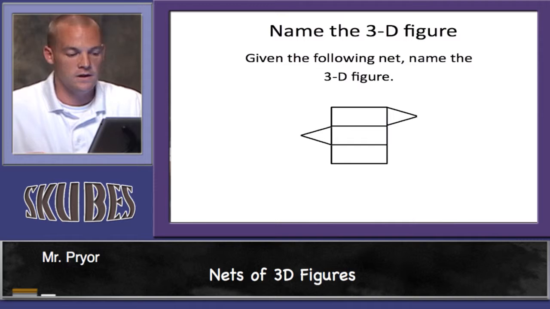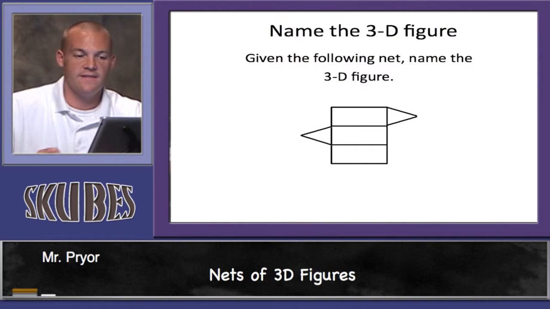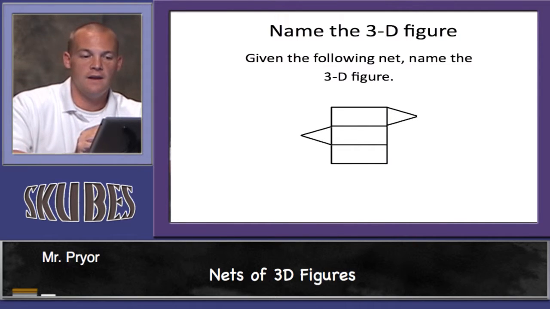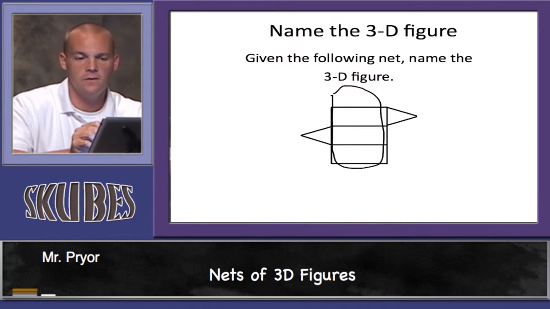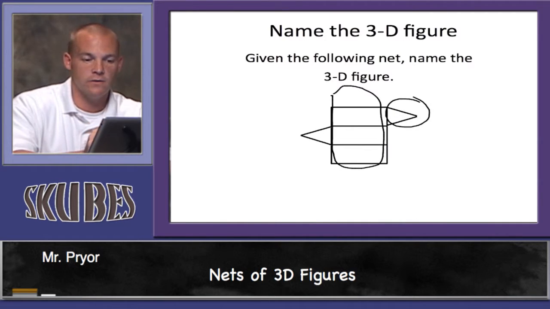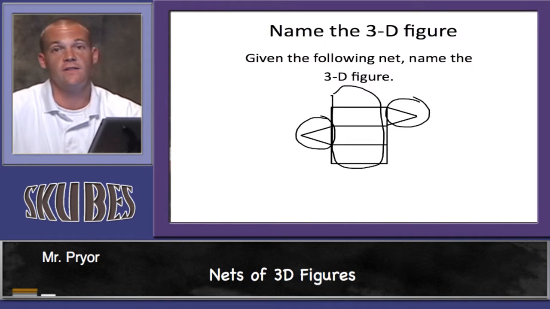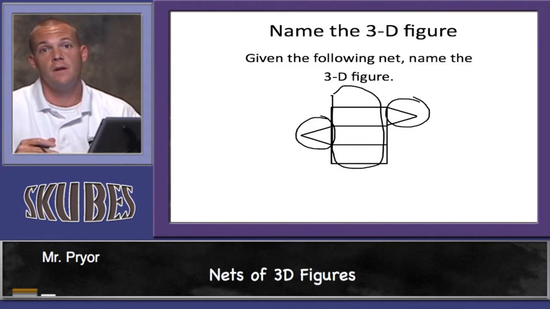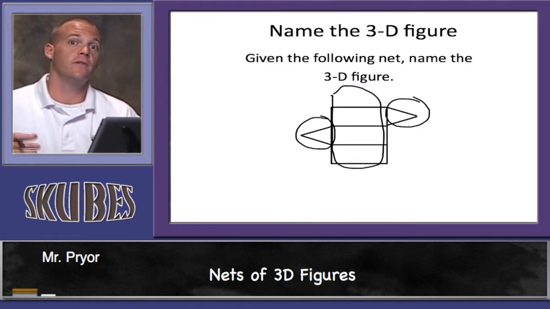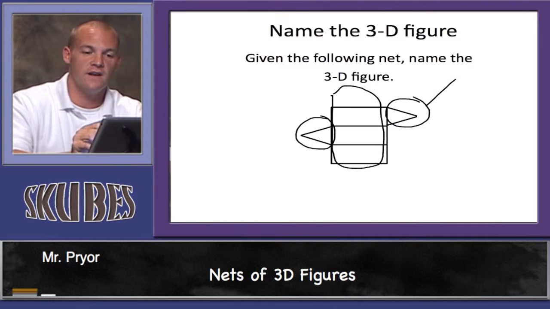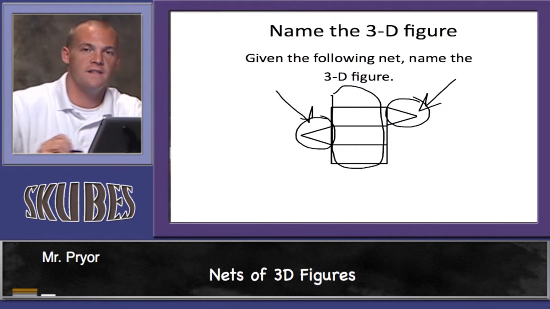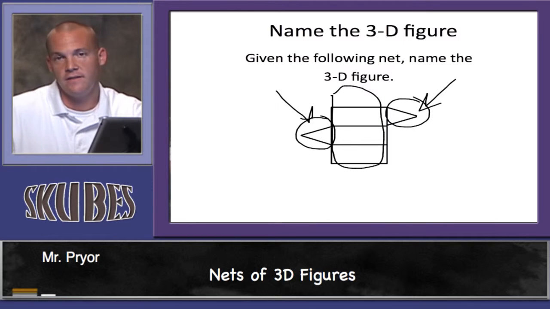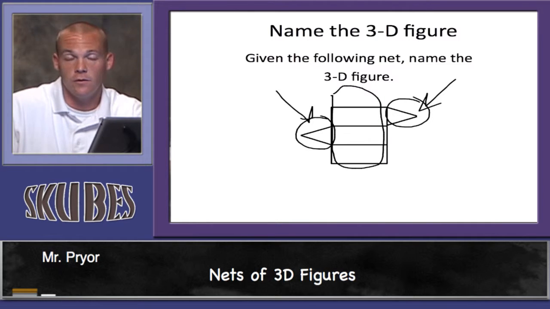Alright, the next one here. Notice again that this prism, if we're naming it, is made up of rectangles down the middle, and you can see the two triangles on the sides. So if we took this shape and folded it up, it would again be considered a prism, but this time, because of the triangles here, it would be named a triangular prism as opposed to a rectangular prism.